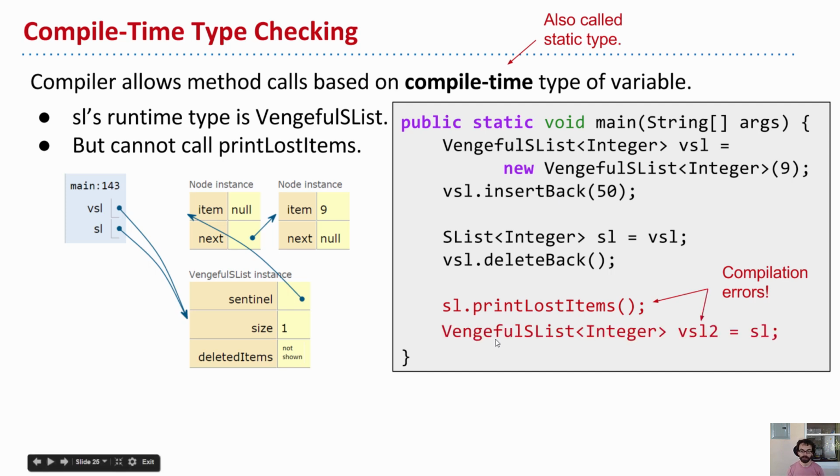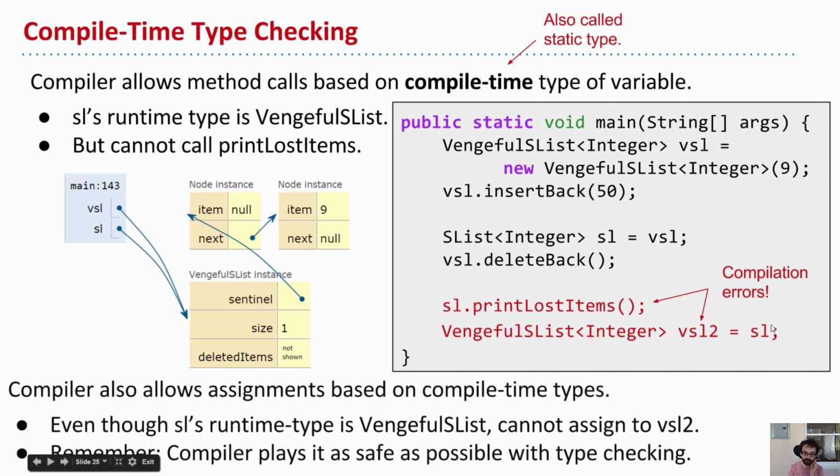Now let's suppose we add in another line. This one's already a problem, but interestingly, let's suppose we just create another variable, VengefulSLList vsl2, and try and set it equal to sl. It turns out that for the same reason, this is also a compilation error. On the right-hand side, the compile time type of sl is what? SLList.